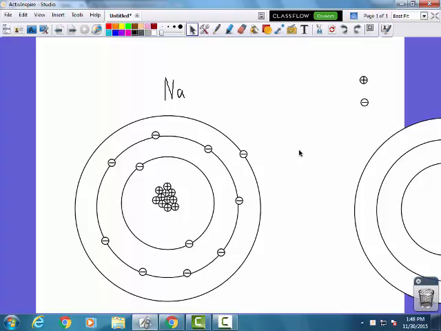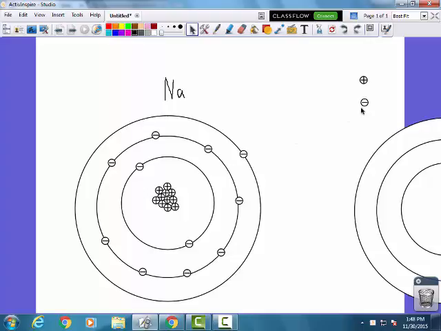Now, atoms are most satisfied, most stable, is probably the best way to put it, when their outermost shell is full of electrons. You can already see a problem with sodium here. It's got 1 electron in this third shell. This third shell can hold up to 8 electrons. So there are 2 ways an atom can approach filling up its outer shell.